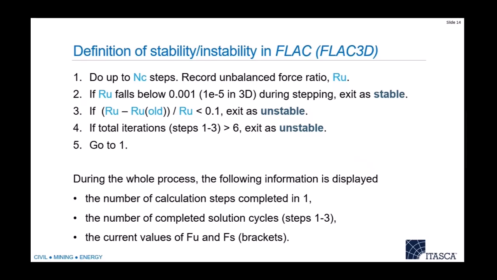And it just keeps doing that until it gets to a situation where one instance is just below stable and one instance is just above stable, and it gives you your factor of safety. So, at a minimum, you're probably running 6 to 8, 10 FLAC2D models. You can imagine if you had a humongous FLAC2D model, this could take some time, but not a huge amount of time compared to say 3D. So it is a realistic thing that people do in 2D, and it actually works pretty well.